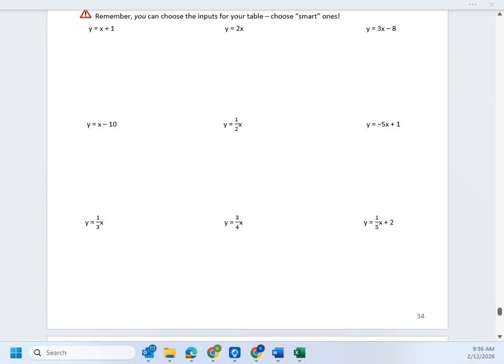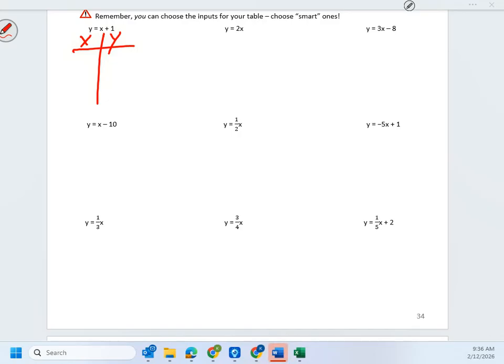When we make our function table, you're going to have an x and a y at the top. So you're going to create your table looking like this. Our rule says y equals x plus 1.